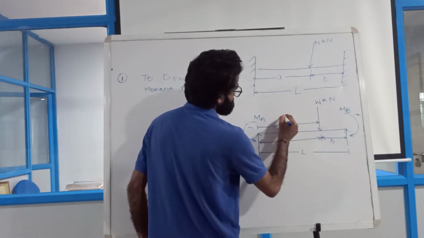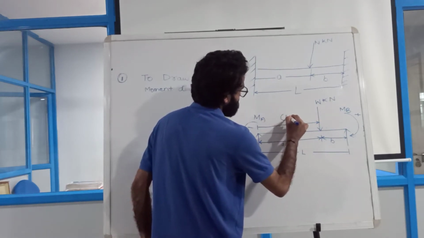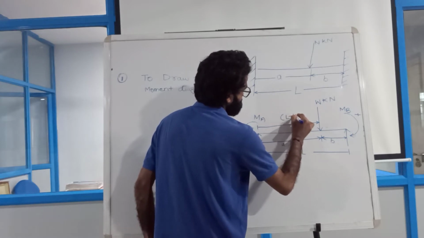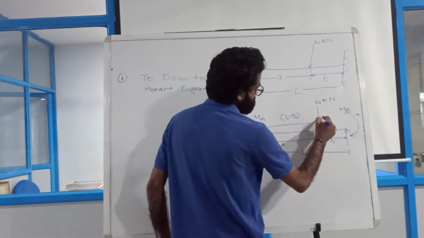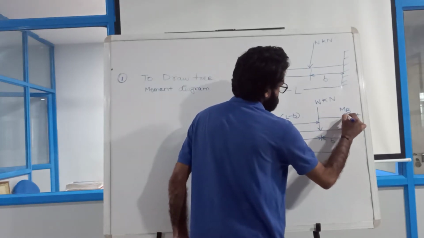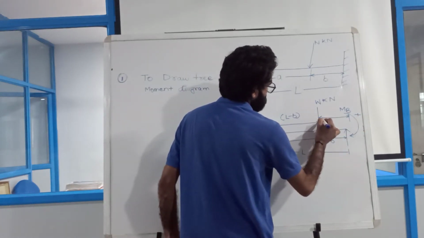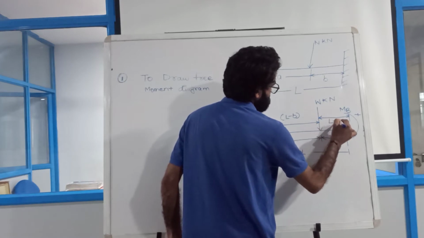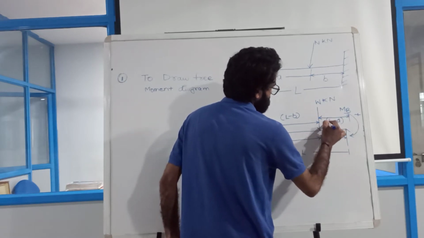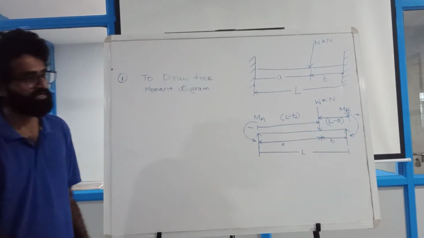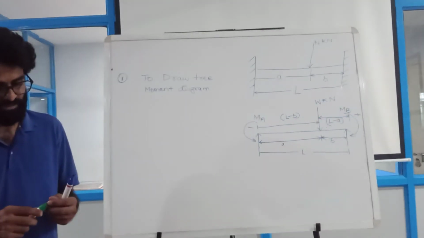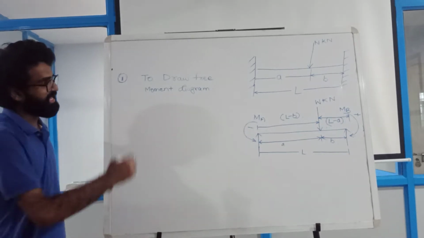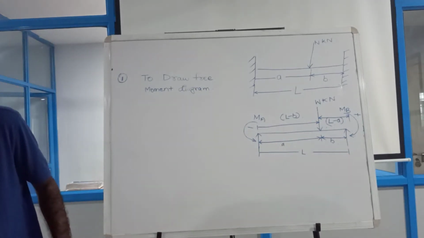We can write this distance as L minus B, and for this distance we can say L minus A. Am I right? So we got the terms: this is L minus B and that is L minus A.